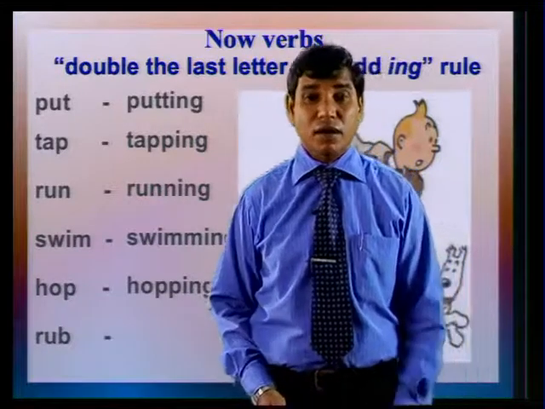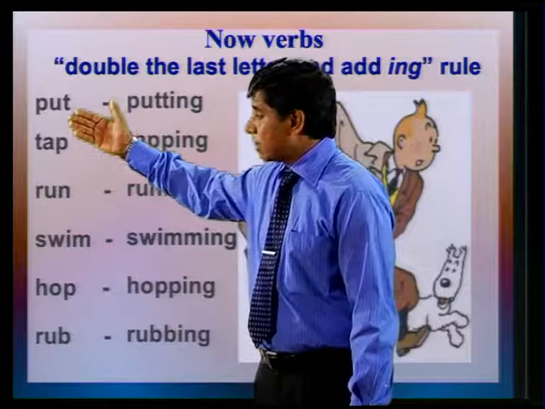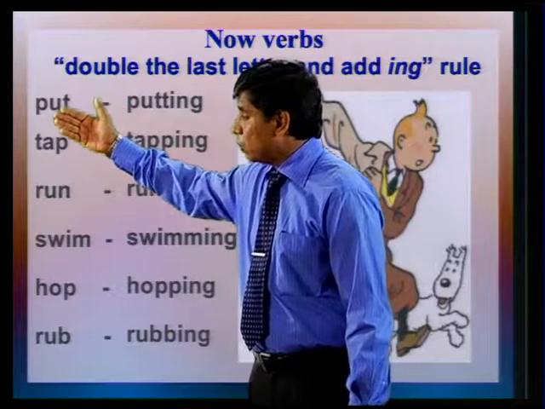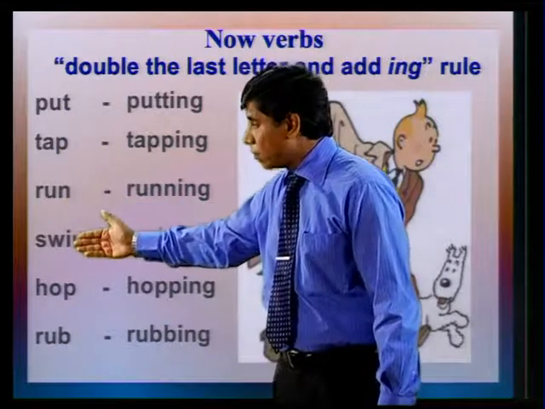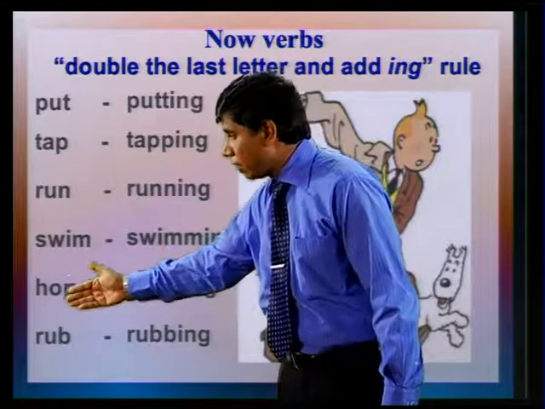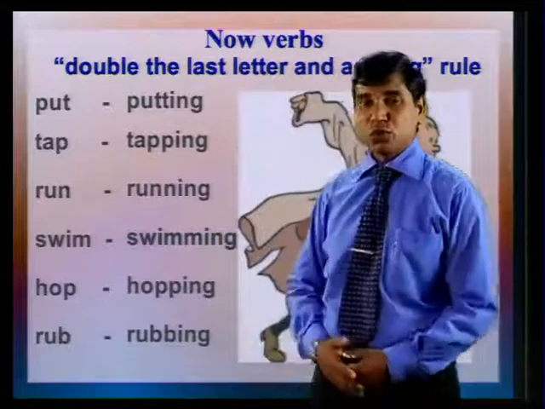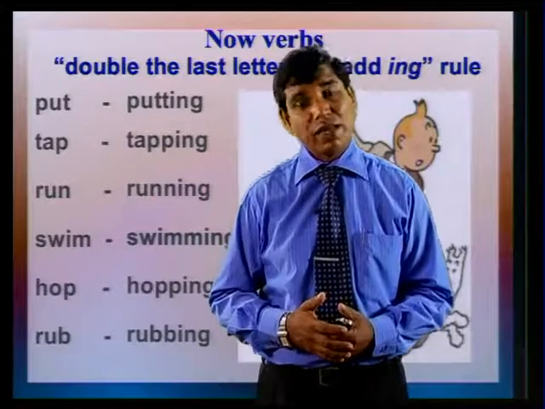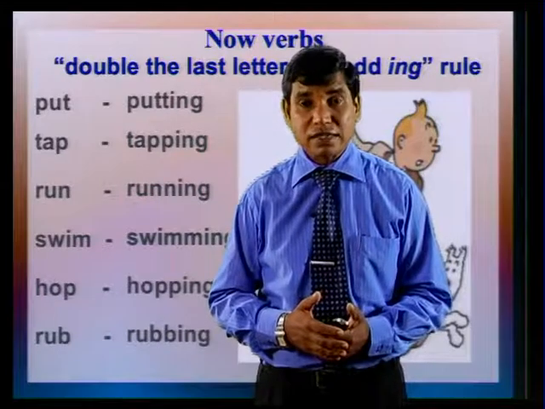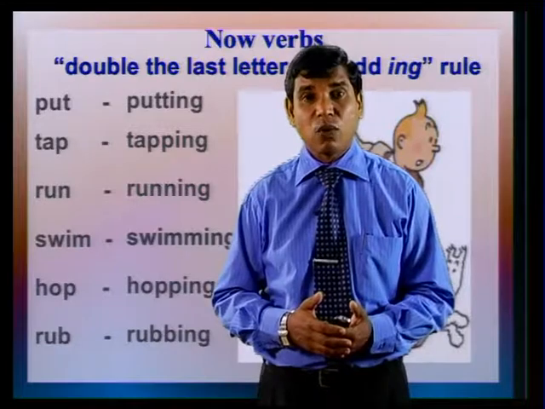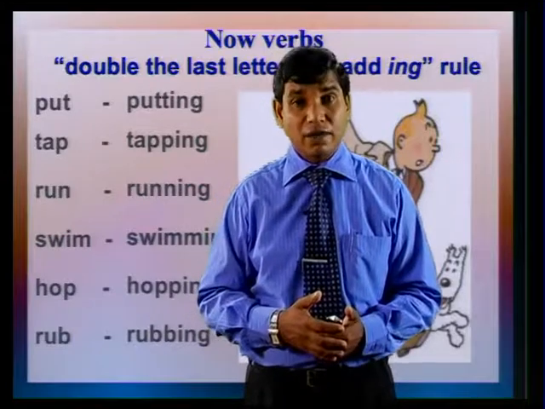See, rub, rubbing. So when you carefully observe here, before the last letter in the first word, put, you find U. Here in the second you find A. Third you find U. Fourth you find I. Next, before the last letter P you find O. Again here you find U. So usually when you have a vowel letter, let's say A, E, I, O, U, before the last letter of the verb, double the last letter if you want to make the ing form of it.